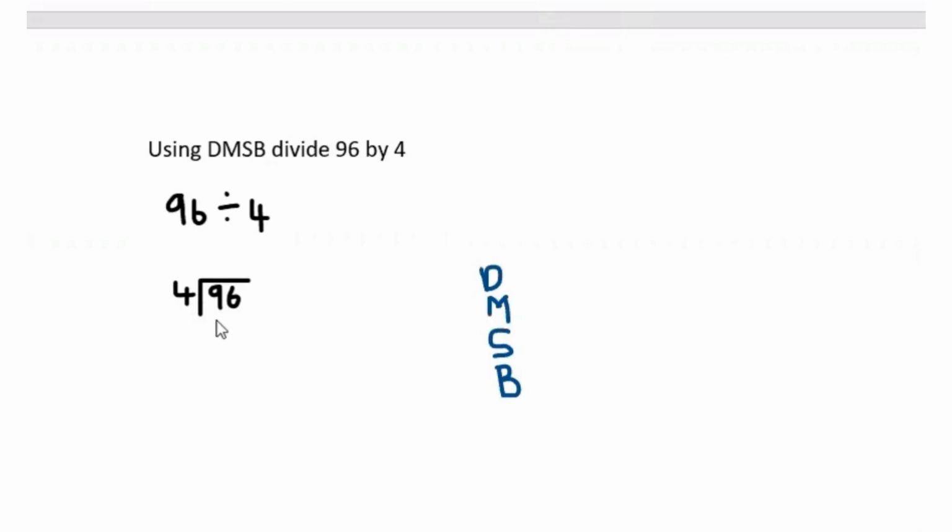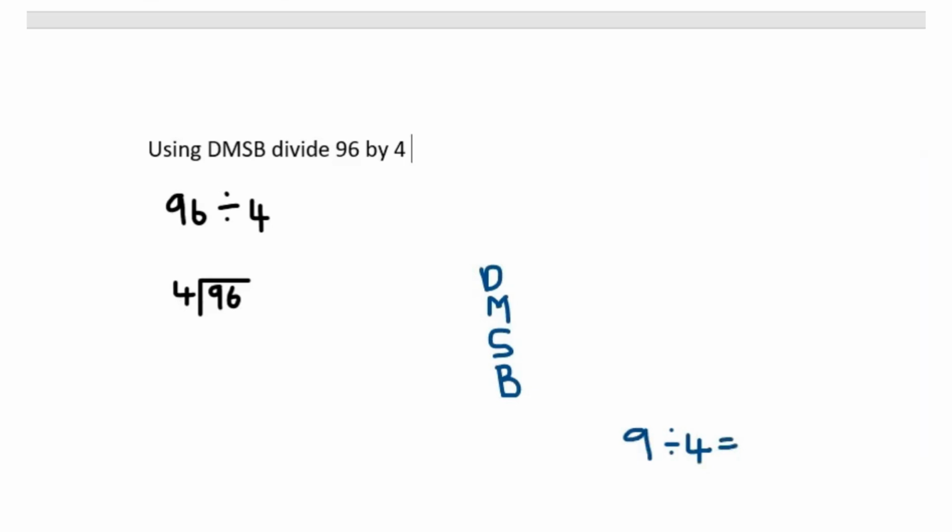Okay, so we're dividing 9 by 4. Can 4 go into 9? Remember, I said you always start with dividing the first digit of the number that is inside by the number that is outside. Okay, we have to check that. So can 4 go into 9? Anyone?